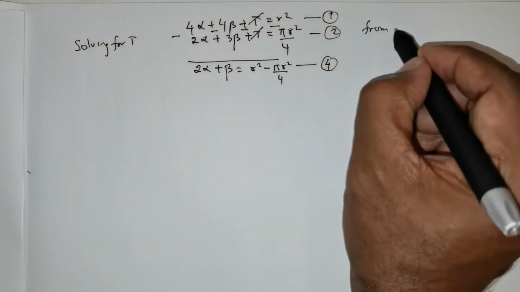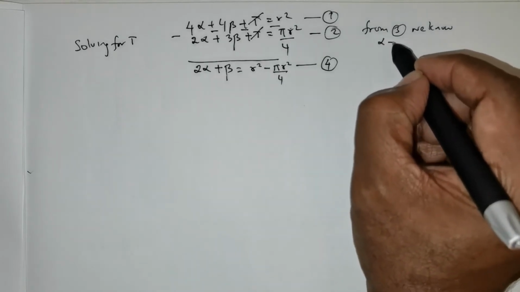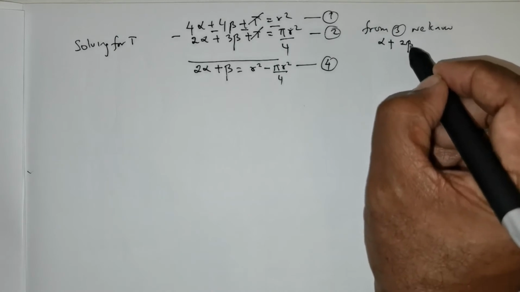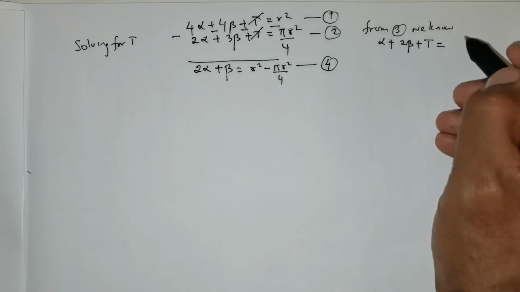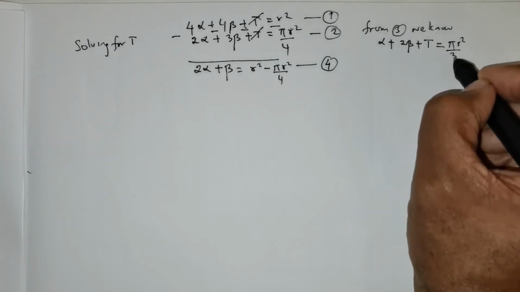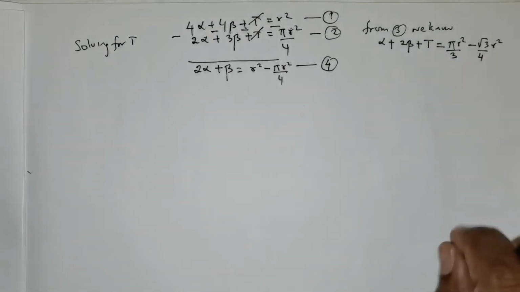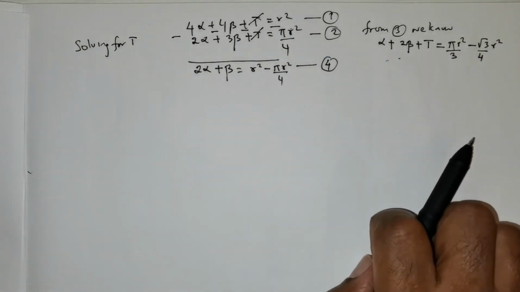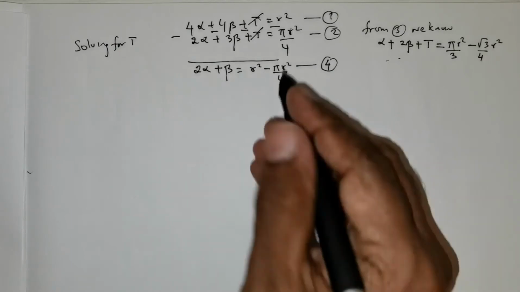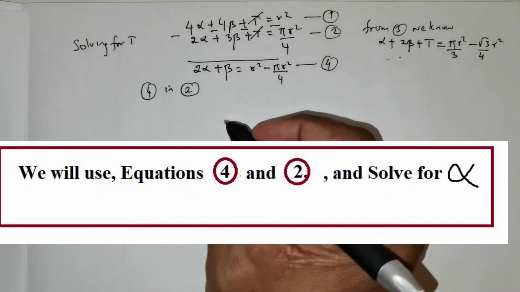Now, from 3, we know that alpha plus 2 beta plus t is equal to pi r squared over 3 minus root 3 over 4 times r squared. So have this in mind. What I'm going to do is substitute 4 in 2.